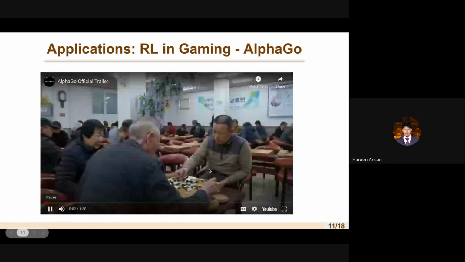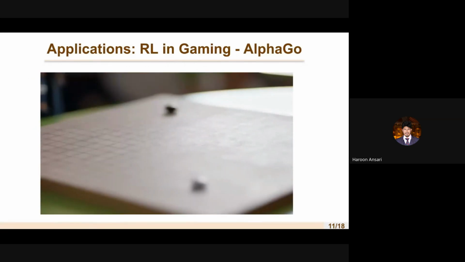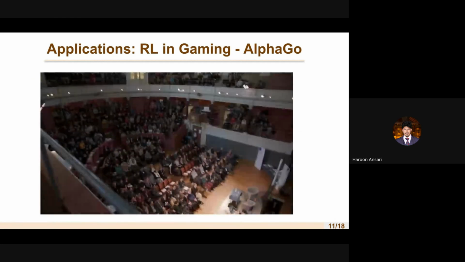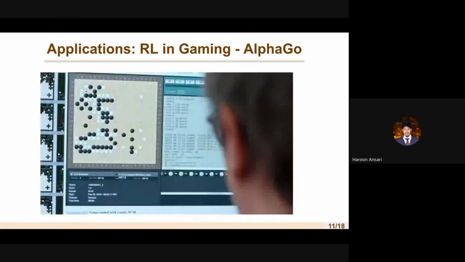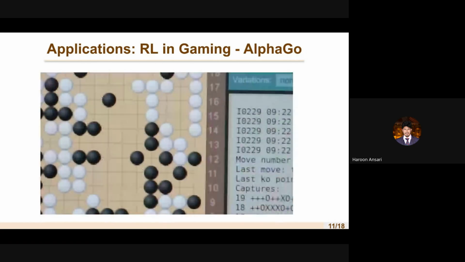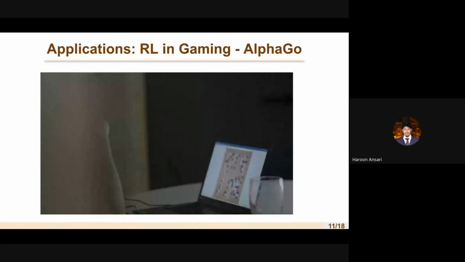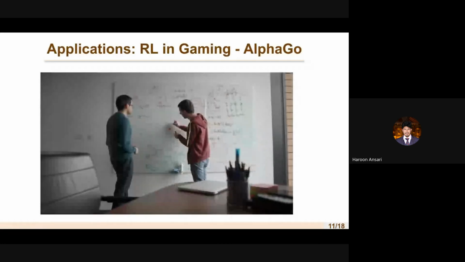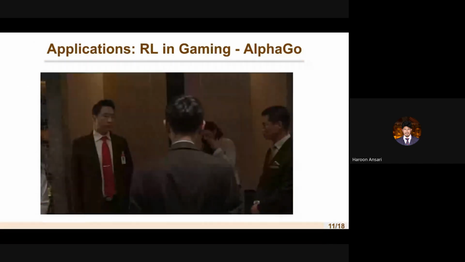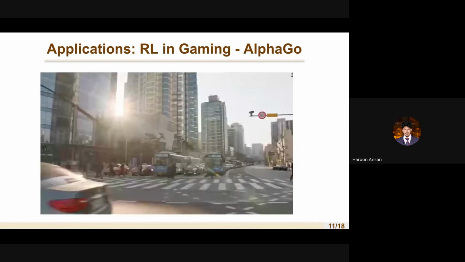Go is the world's oldest continuously played board game. It is one of the simplest and also most abstract. Beating a professional player at Go is a long-standing challenge of artificial intelligence. Everything we've ever tried in AI just falls over when you try the game of Go. The number of possible configurations of the board is more than the number of atoms in the universe. AlphaGo found a way to learn how to play Go. So far, AlphaGo has beaten every challenge we've given it, but we won't know its true strength until we play somebody who is at the top of the world, like Lee Sedol. A match like no other is about to get underway in South Korea.